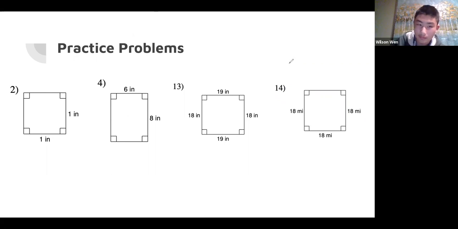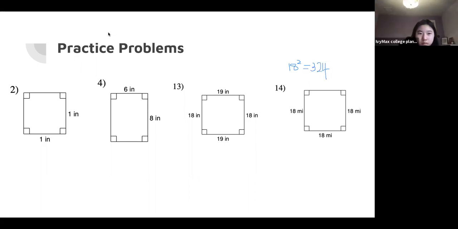And then to get the area, you just do 18 times 18. And then that gets you, let's see, 324 miles squared.